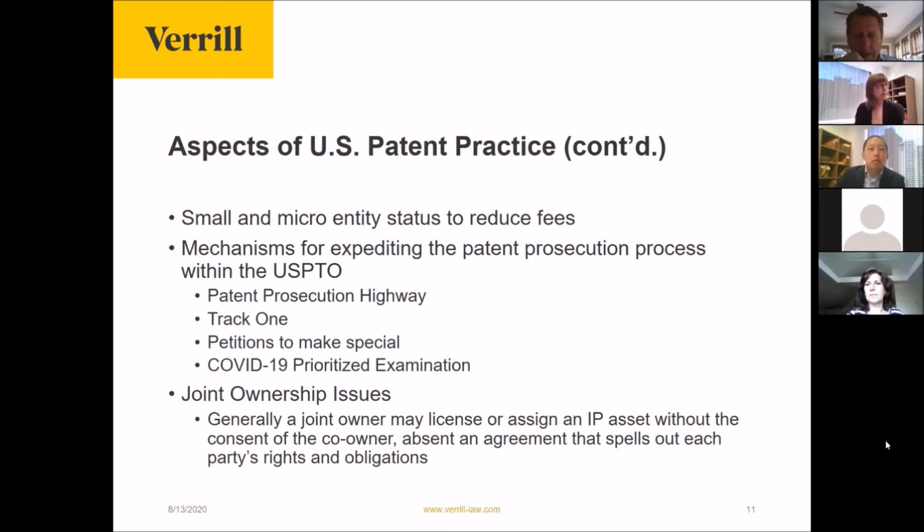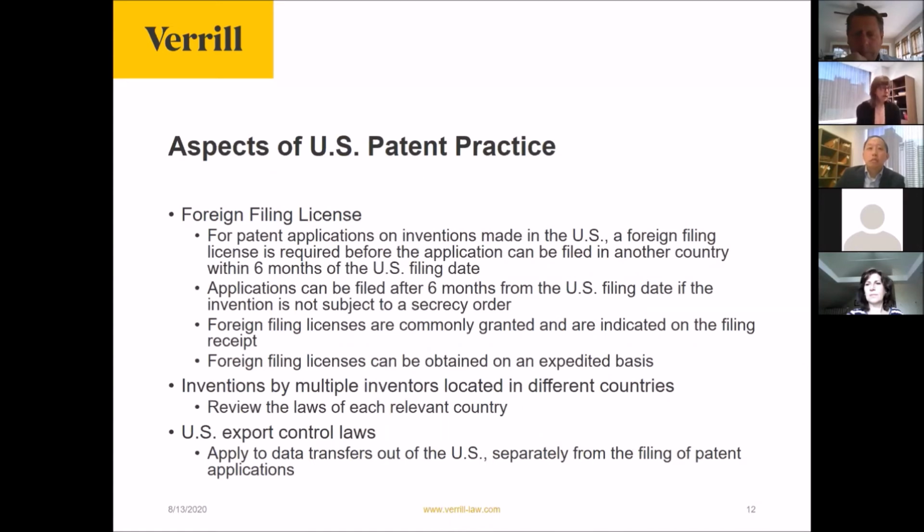Okay, so on the next slide, a couple of things to mention about foreign filing licenses. For patent applications on inventions made in the US, a foreign filing license is required before the application can be filed in another country within 6 months of the US filing date.